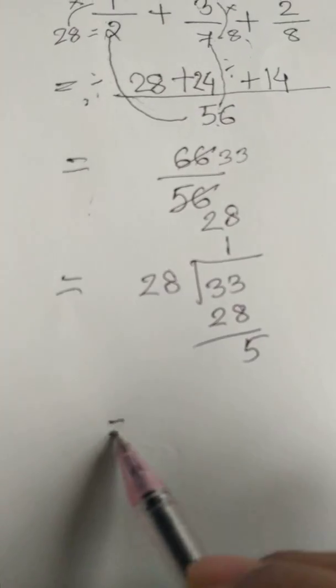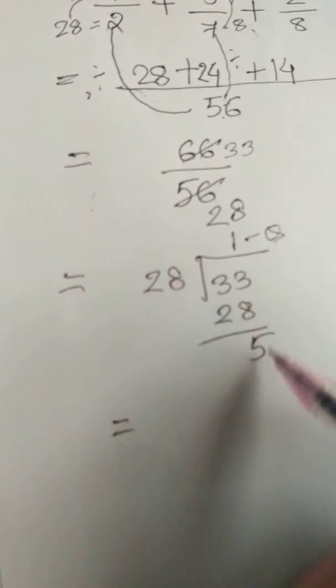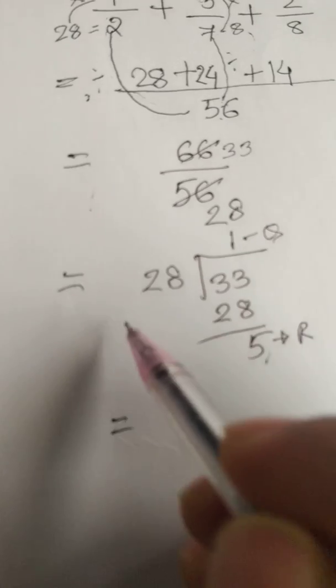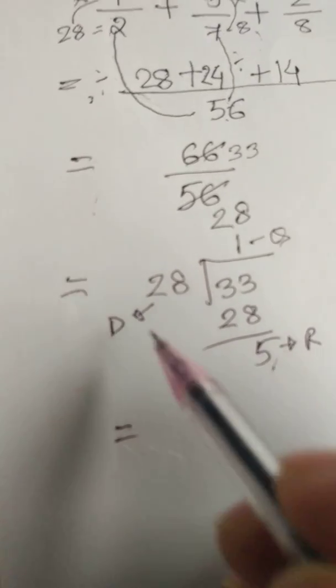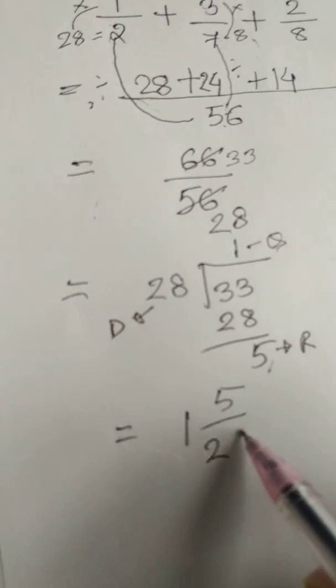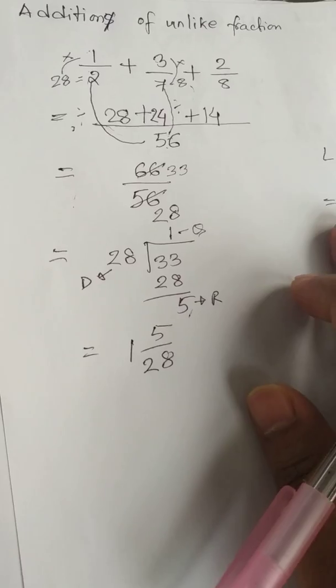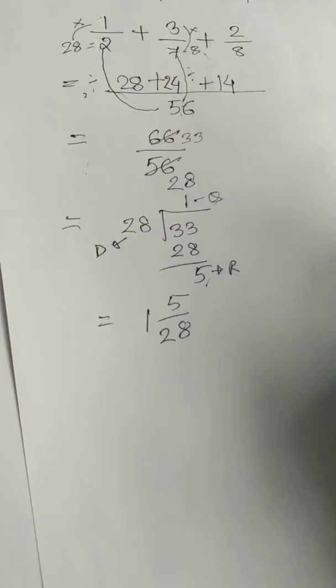So the answer is quotient, remainder by divisor. So the answer is 1 5 by 28. Okay, so this is the way we can add unlike fractions.